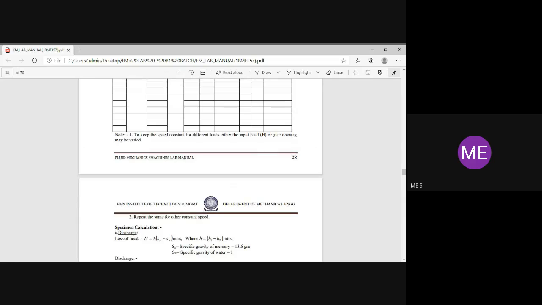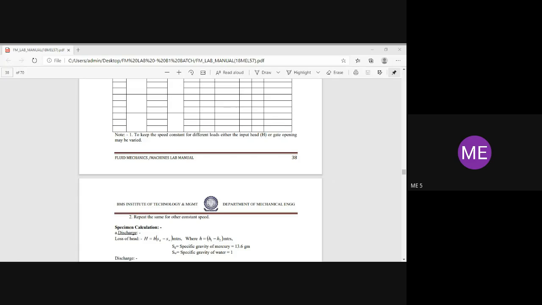Now I'll give the readings for the constant speed. In constant speed, we are keeping the turbine running at constant speed, only changing the head. And in case of constant head, we keep the head constant and change the speed of the turbine.